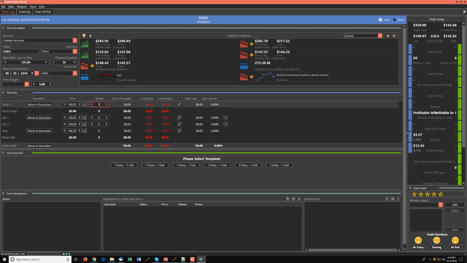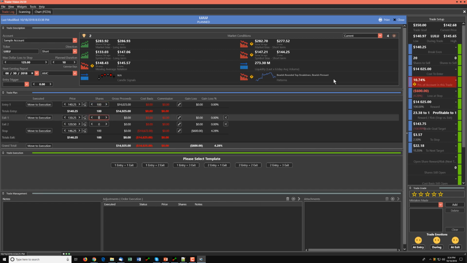Again, I'm going to do 100 shares. That'll be too many, but this is probably an option trade anyway. For argument's sake, let's look at selling half at that first target. Only 1.6 to 1. Let's look at that again, 1.7 to 1.